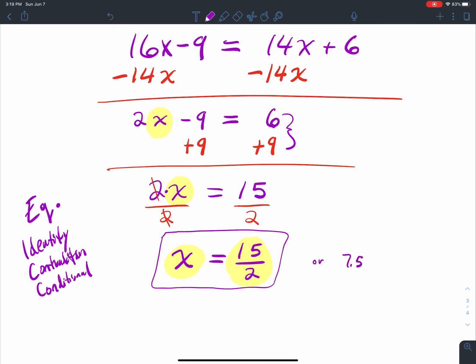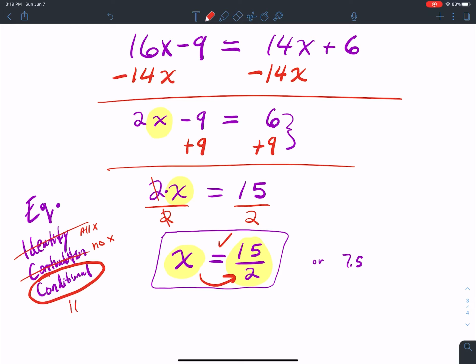Is it an identity? No, it is not an identity. Why is it not an identity? Because an identity has to be for all x, right? Is it a contradiction? No, it's not a contradiction because that has to be for no x. Well, there is exactly one x that works, right? So that can't be a contradiction. So what does it have to be? It's a conditional.